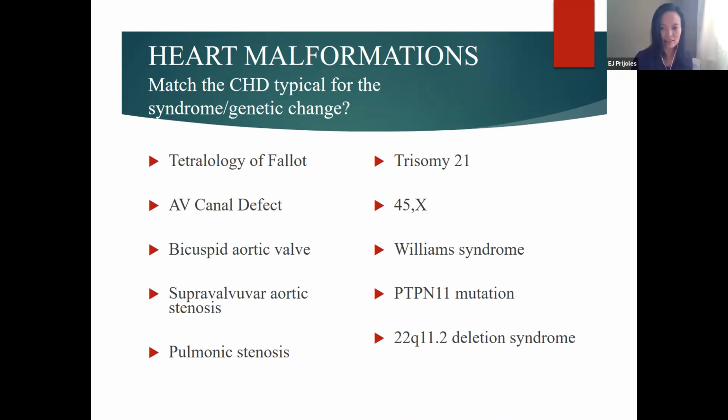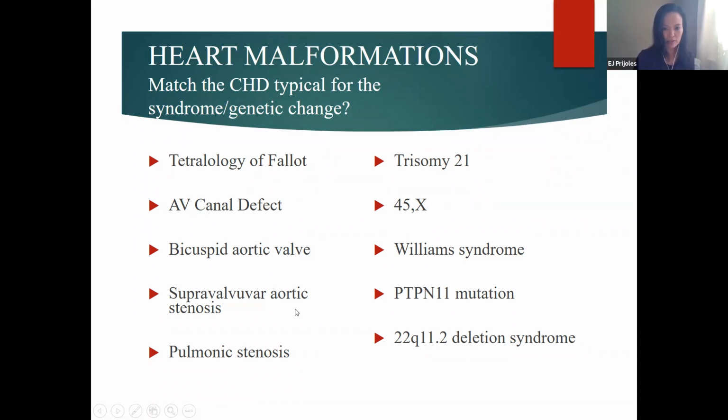AV canal defects. Trisomy 21. Perfect. Trisomy 21. Bicuspid aortic valve. Turner, or 45X.